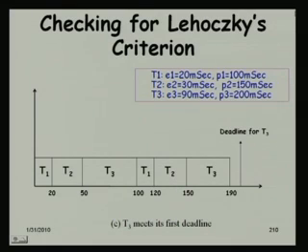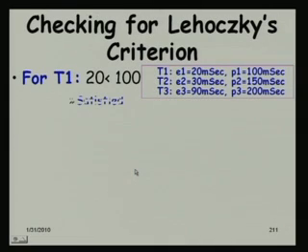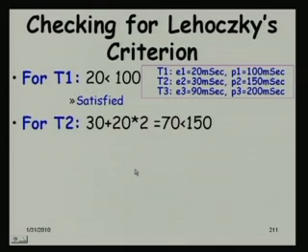Sorry, what's your name? Ashish. As Ashish pointed out, just see here in the formula what we are implicitly assuming: that by the time the second instance of T2 occurs, the first would not have completed.